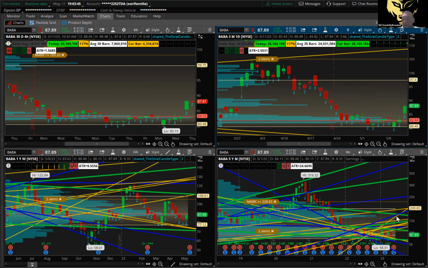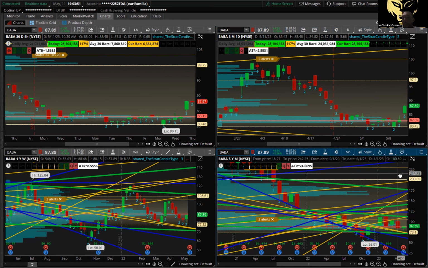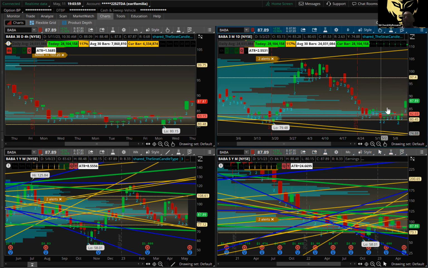Looks like there's a failed 2 down on the month. So there's definitely some opportunity for Baba to pick up. And if you're looking at it on the daily, my top right, you see there's a couple of volume gaps. So there's potential magnitude for this thing to get back to the 108 area, close to 110.